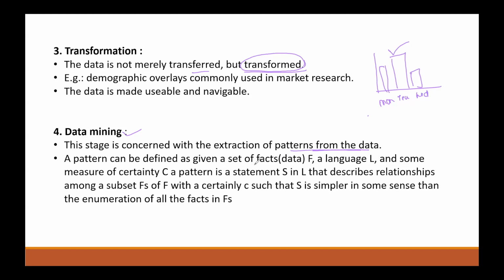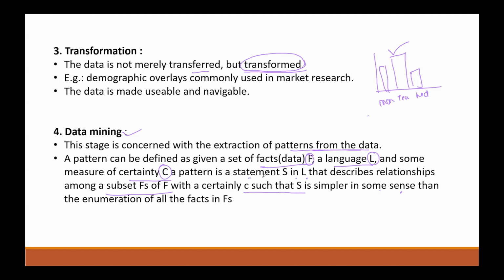A pattern can be defined as: given a set of facts F, a language L, and some measure of certainty C, a pattern is a statement S in L that describes relationships among a subset of F with certainty C, such that S is simpler in some sense than the enumeration of all the facts. Okay, so try to understand this.